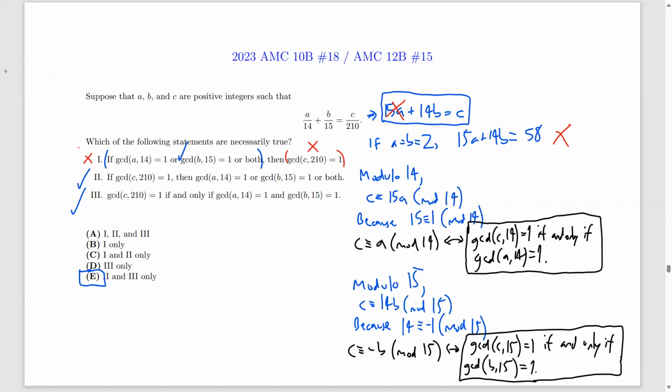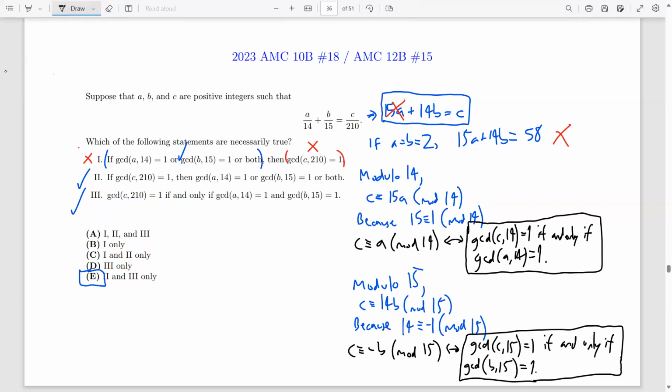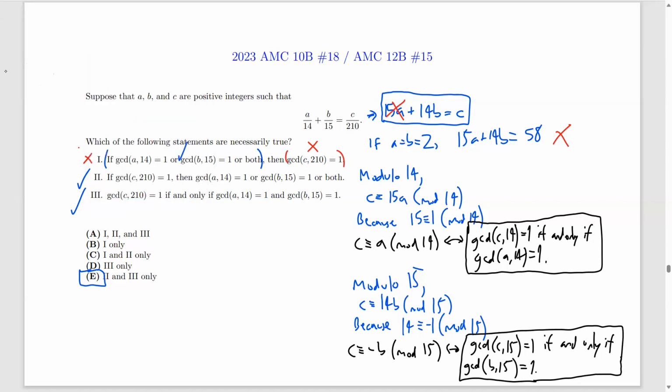So let's prove statement 3 first, because statement 2 is actually a weaker statement than statement 3. If we can prove statement 3, then we've already proven statement 2. So let's look at statement 3.